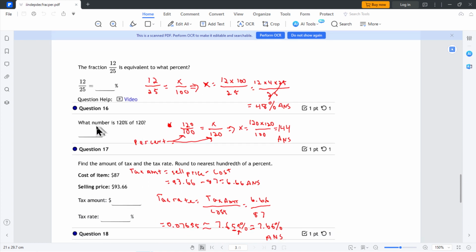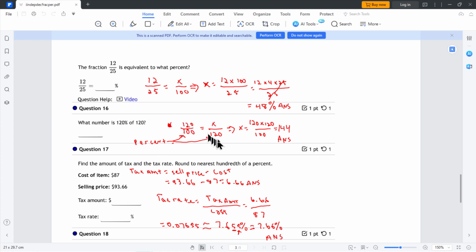This one here. What number is 120% of 120? Okay. So here I have a percent. So what number is 120% of 120? So I have 120 over 100 for my percent, and I have x over 120.